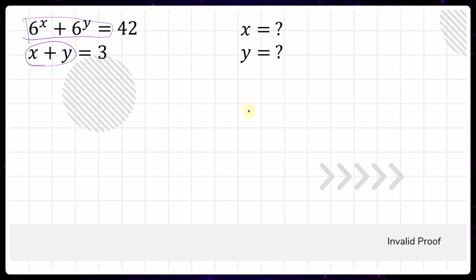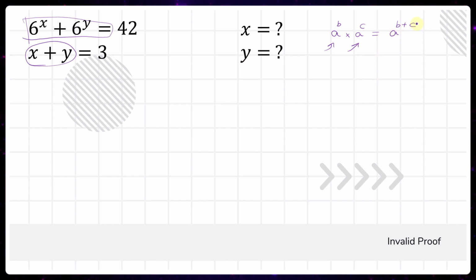Well, let's review one of the rules of power that we know. What we know is that if we have a to the power of b multiplied by a to the power of c, since they have the same base, we can add the powers and just write down a to the power of b plus c. Now, how are we going to use this?